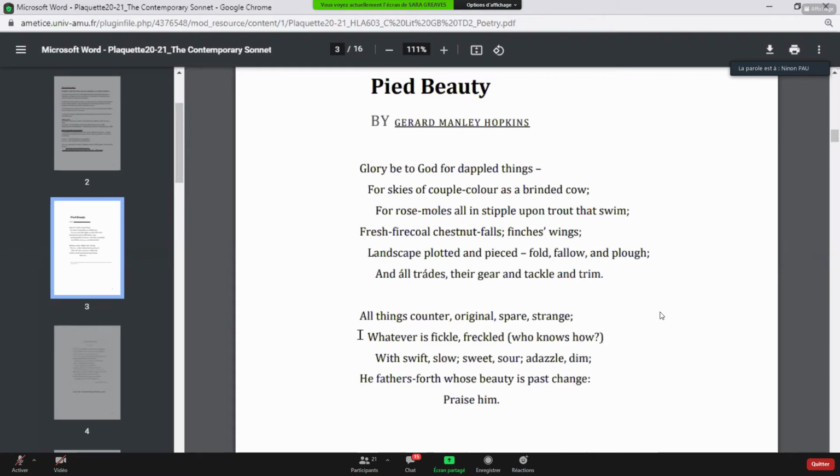So it's a bit more mixed at the end, especially because the last part is only five lines, and it almost sounds like this "praise him" is alone, even though it rhymes with "dim" and "swim". But it's very short also, so it seems a bit unique in its way. Yes.